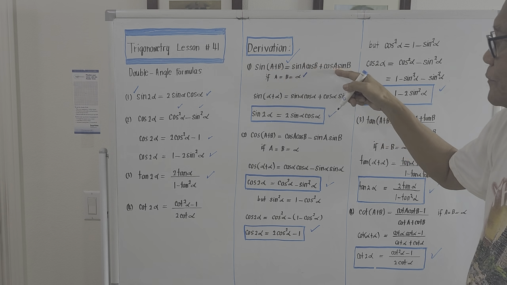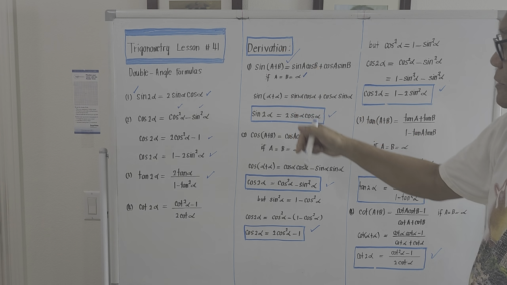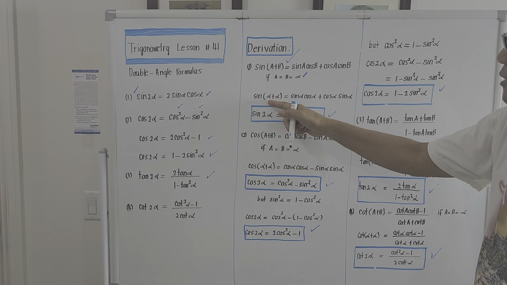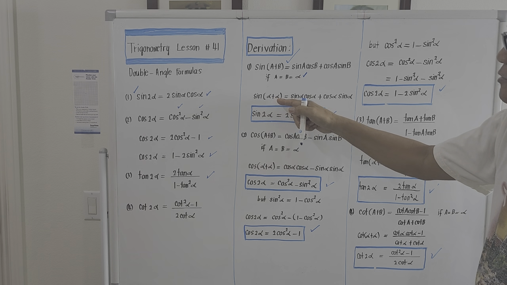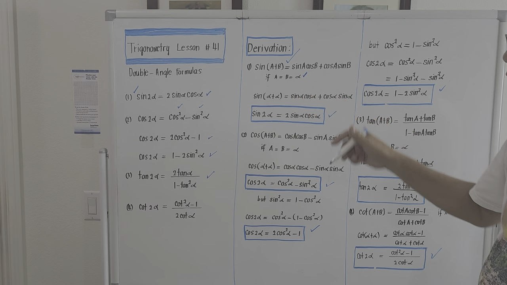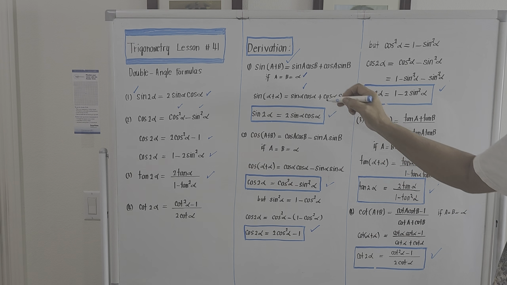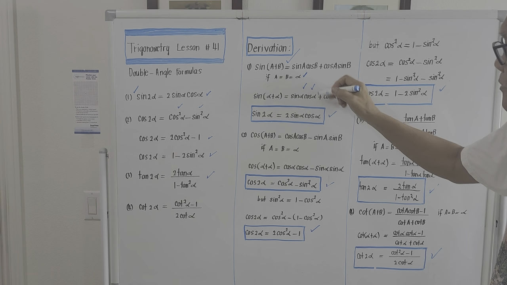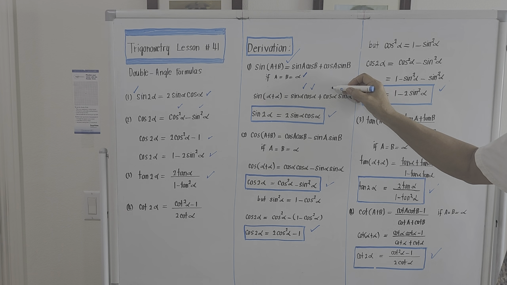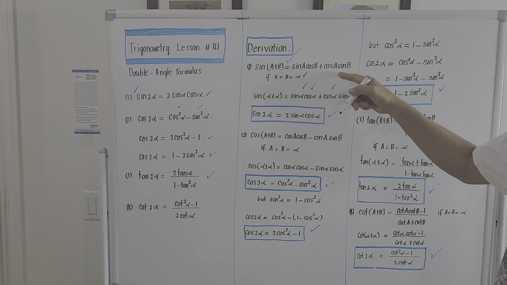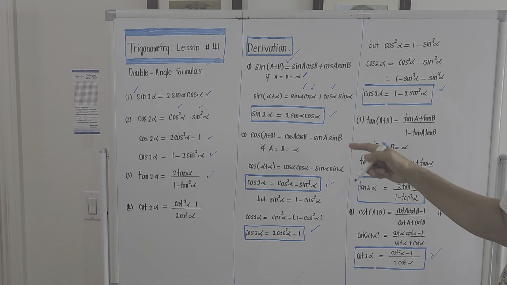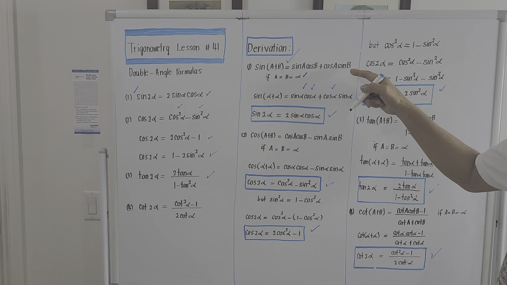So this will be sine of the quantity alpha plus alpha, equal to sine of a, which is alpha, cosine of b, which is alpha, plus cosine of a, which is alpha, sine of b, which is alpha. We replace all the angles by alpha.